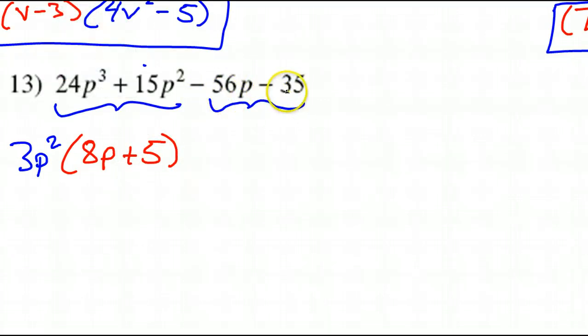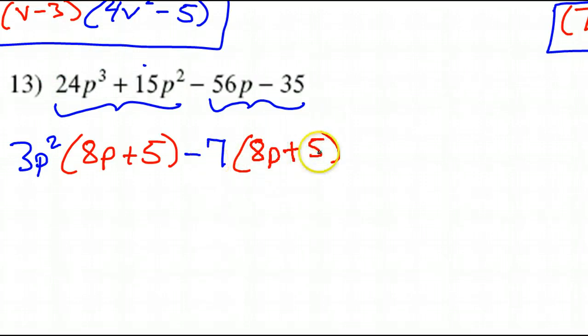Okay, now this one. Let's see, both of these are divisible by 7. So I'm going to pull out a negative 7. That's going to leave behind 8p plus 5, because negative 7 times positive 5 is negative 35.